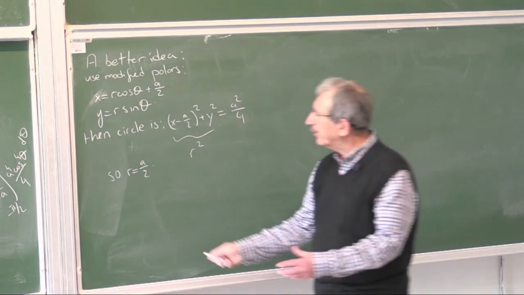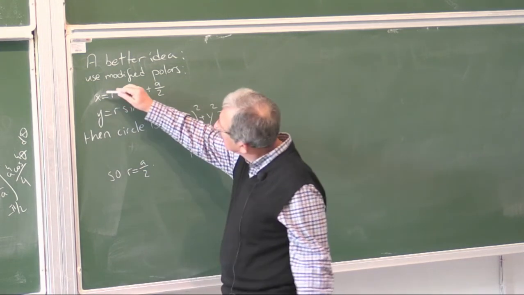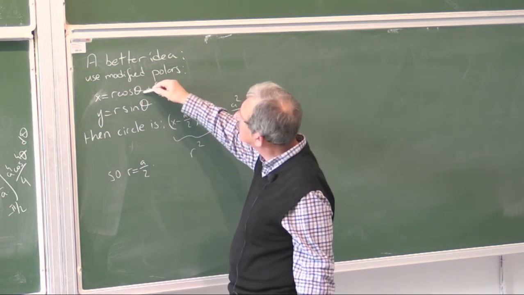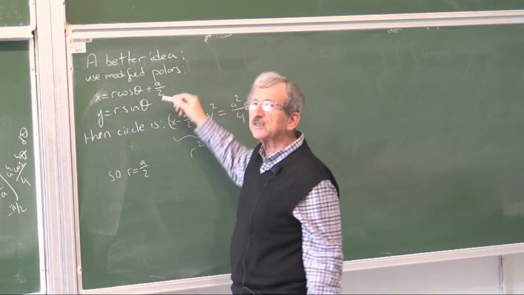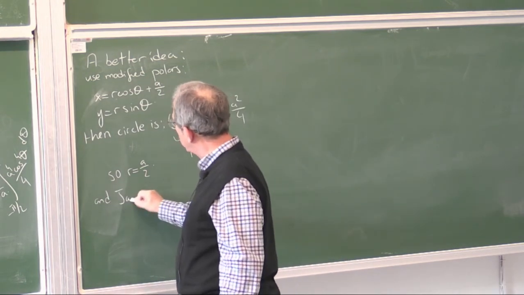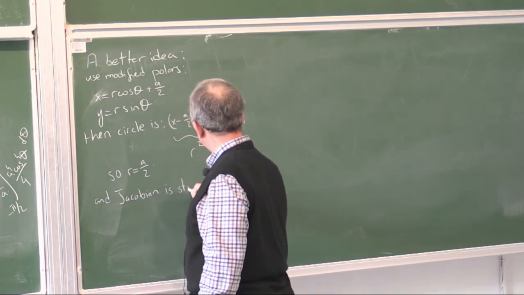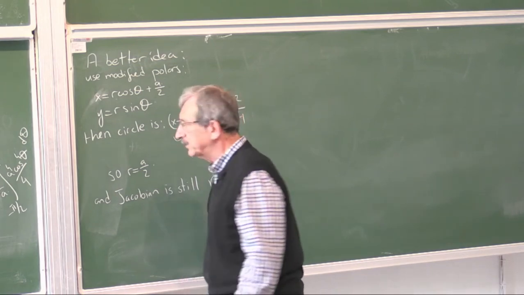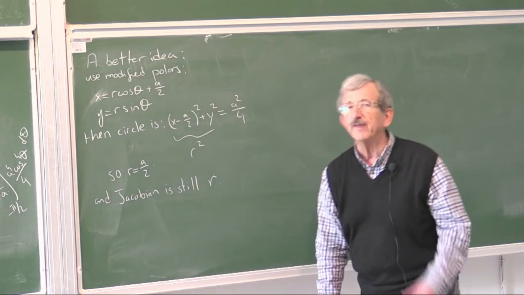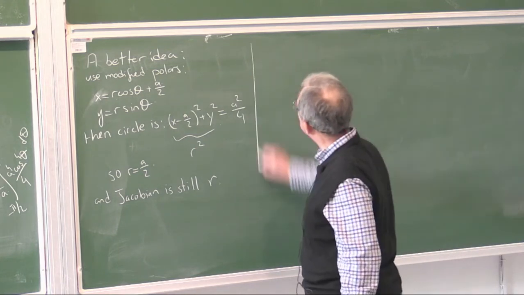Now, the Jacobian, since we take derivatives of r's and thetas, this a over 2 does not count. And the Jacobian is still r. Since we take derivatives only, we did that for the usual polars. This a over 2 does not make any difference.